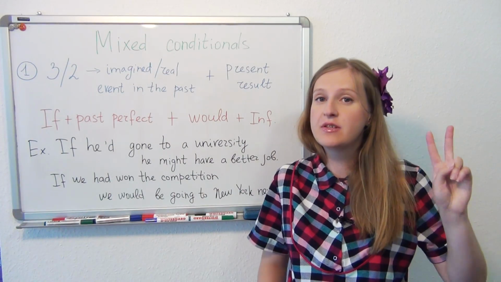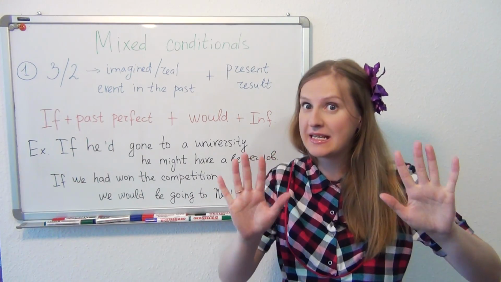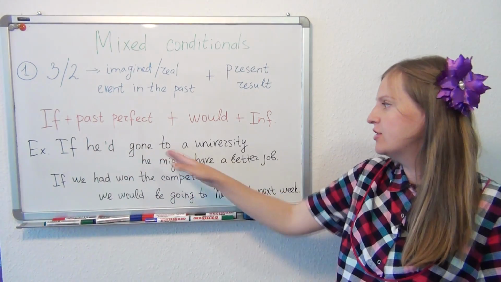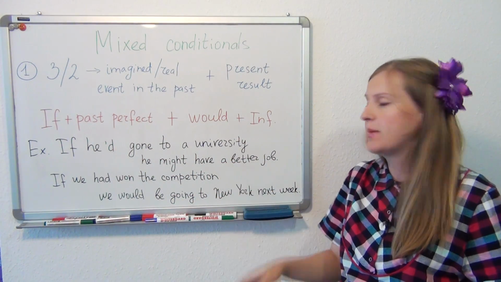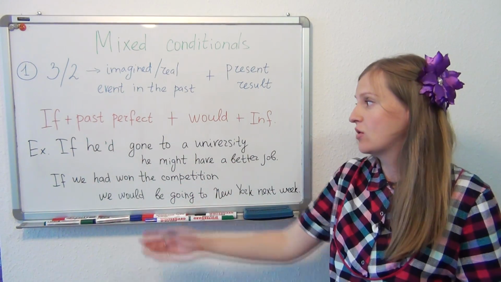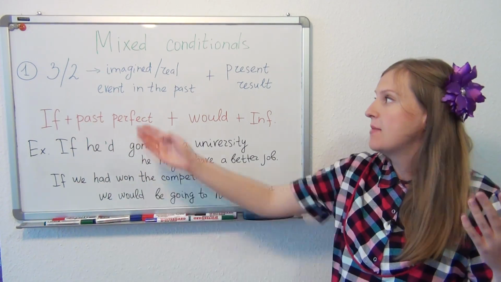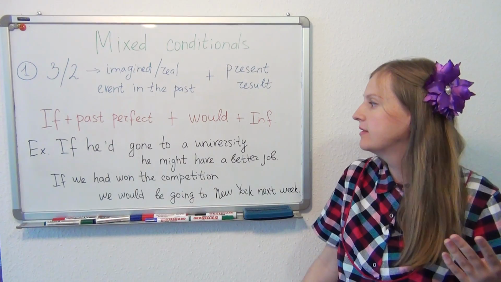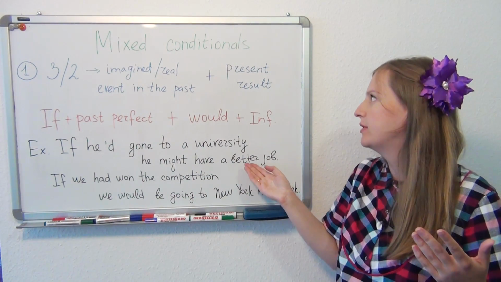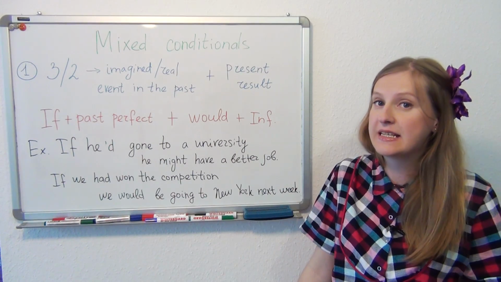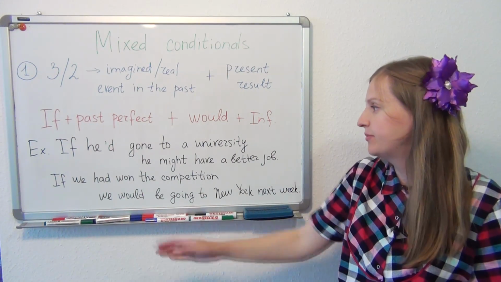Two more examples so that it would be 100% clear to you. First, if he'd gone to a university, he might have a better job. So if he had gone to a university, an imagined event in the past, he might have a better job, a present result. So the result is that he doesn't have a good job now.